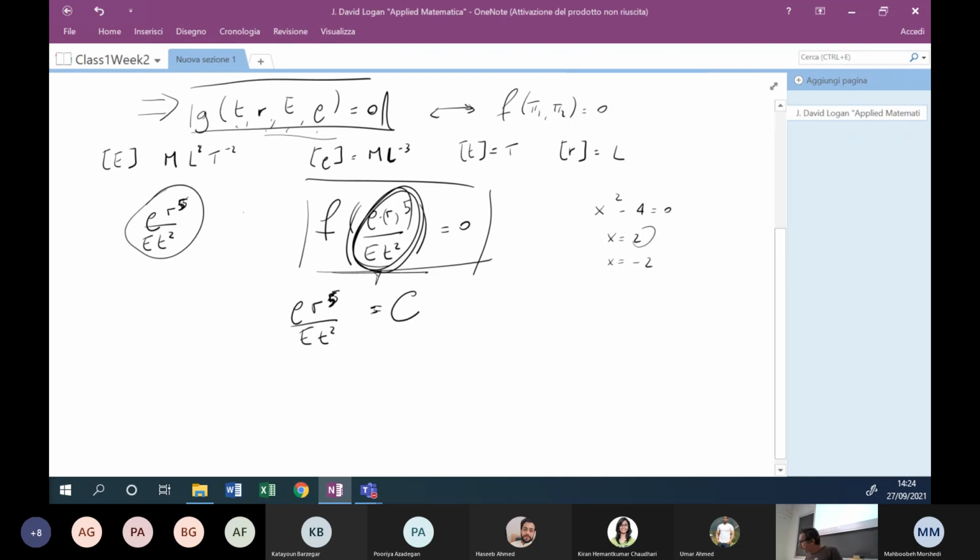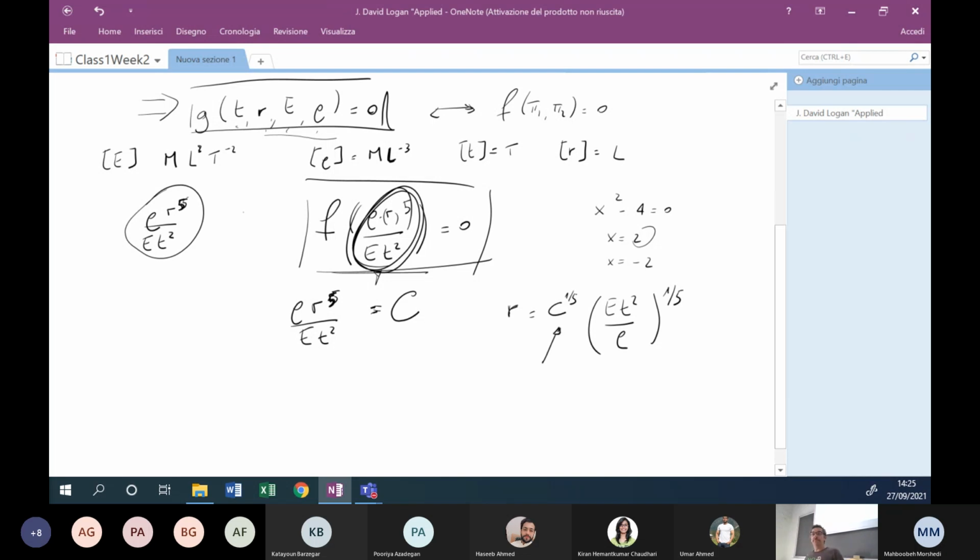What I can say is that I can rewrite this as r equal to c to the power 1 over 5 times e t squared over rho, to the power 1 over 5.